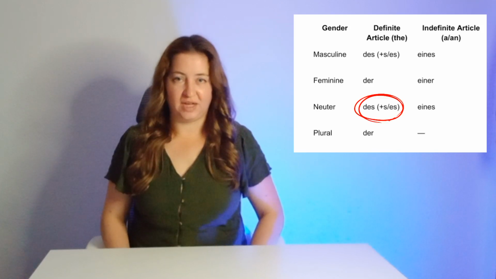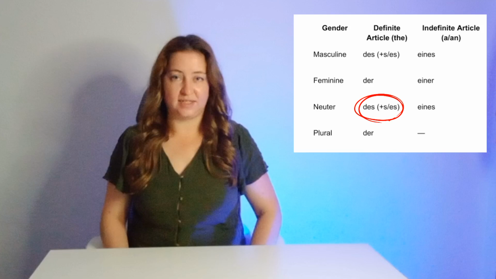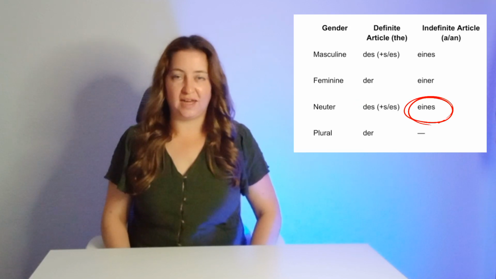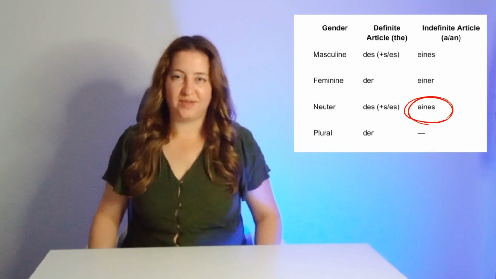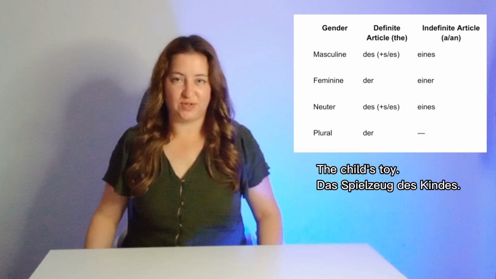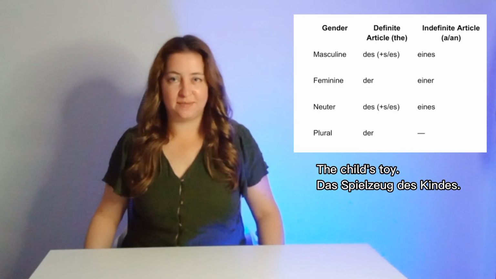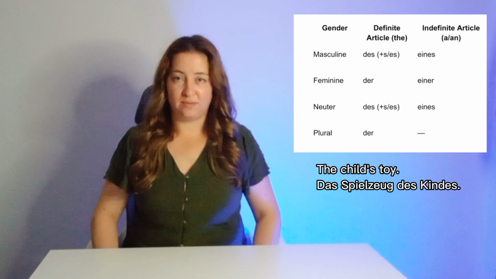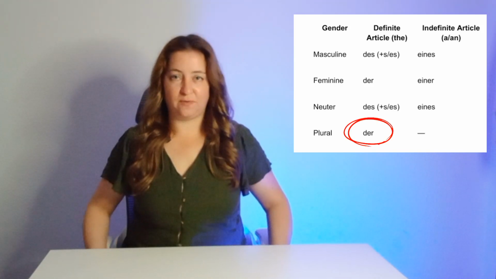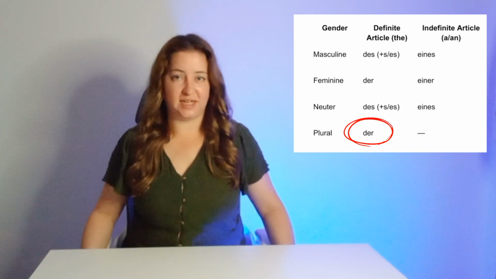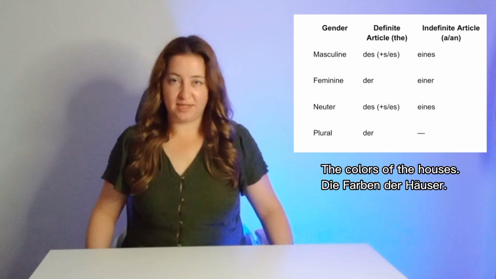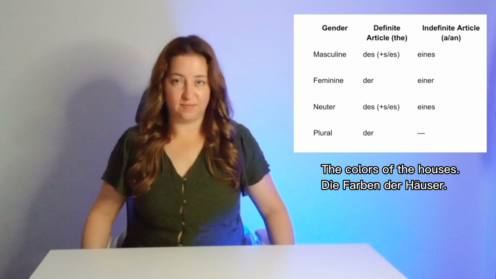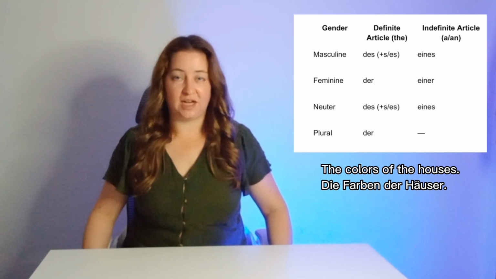And in neuter, we have des with S or ES ending and eines. For example, das Spielzeug des Kindes, the child's toy. And what about plural? We have the definite article der. Die Farben der Häuser, the colors of the houses.